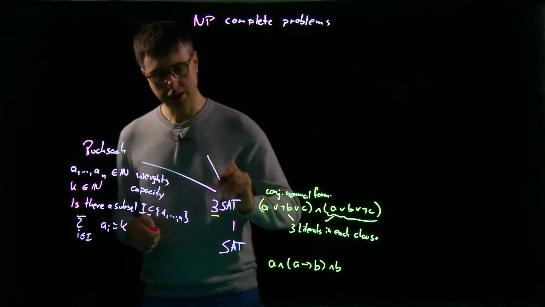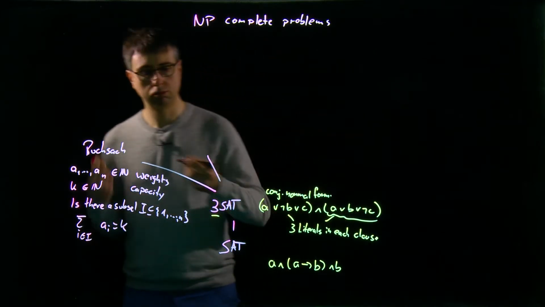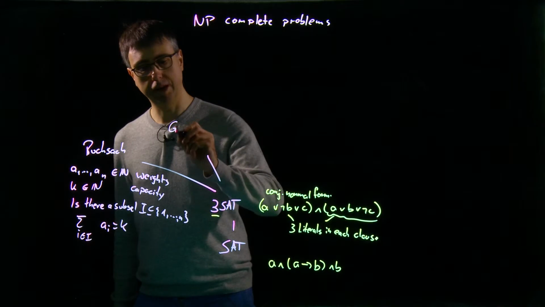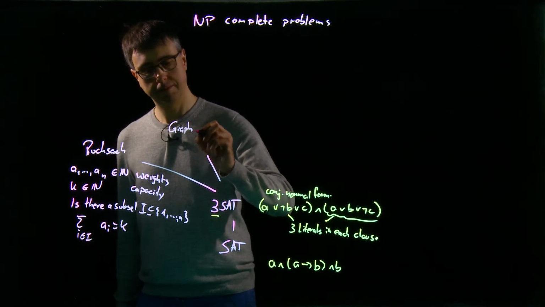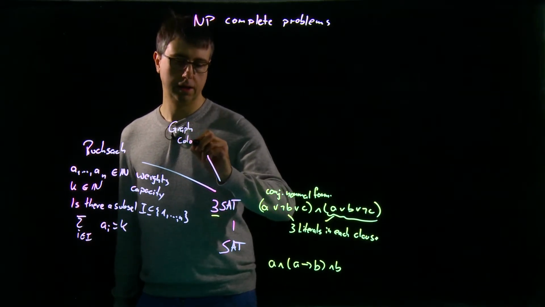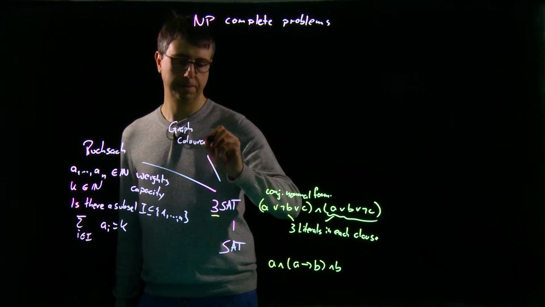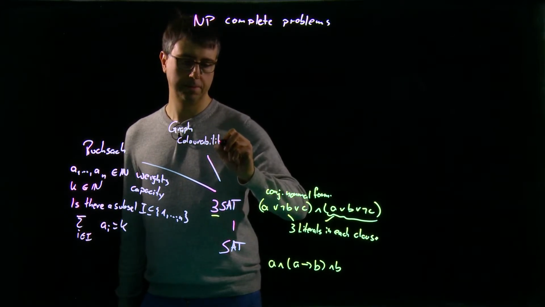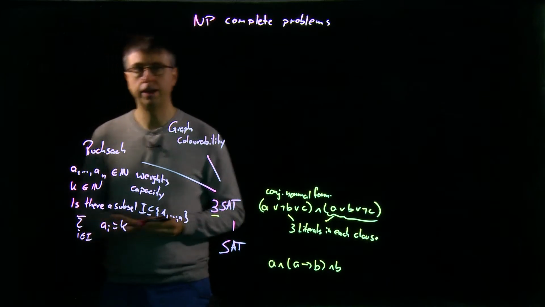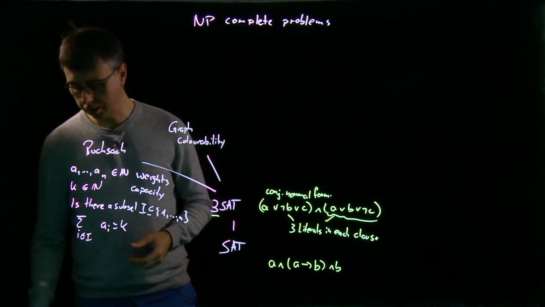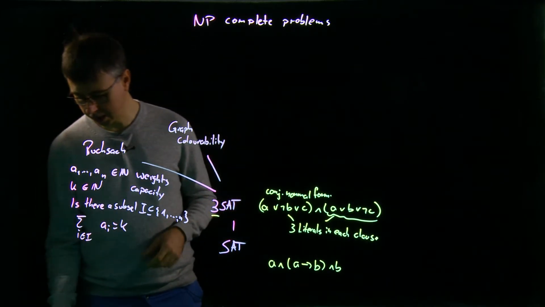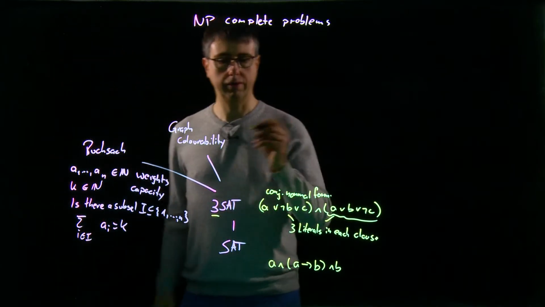There are other problems that look completely different, like graph colorability. Here you have a graph and a number of colors, and you would like to know whether you can actually color the graph. How does it work? You have a graph like this.